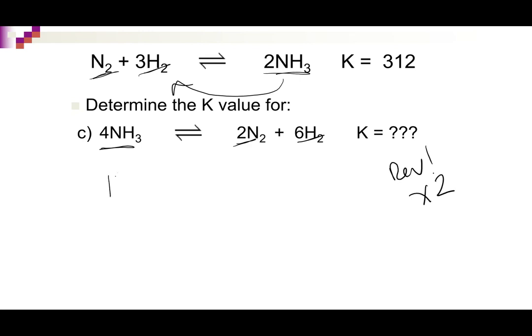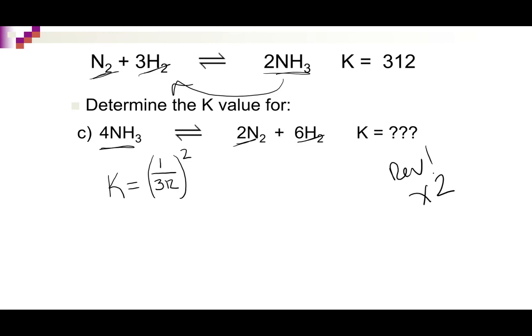So when we find the new K value, we reversed it. So reversing it is going to take the reciprocal. So 1 over 312. And we also multiply by 2, so we still need to raise it to the power 2. It doesn't really matter what path you take through this problem.